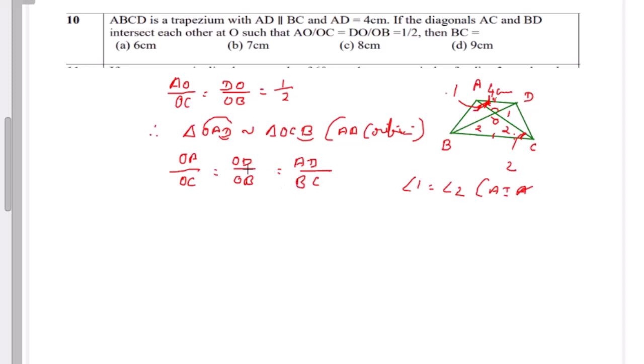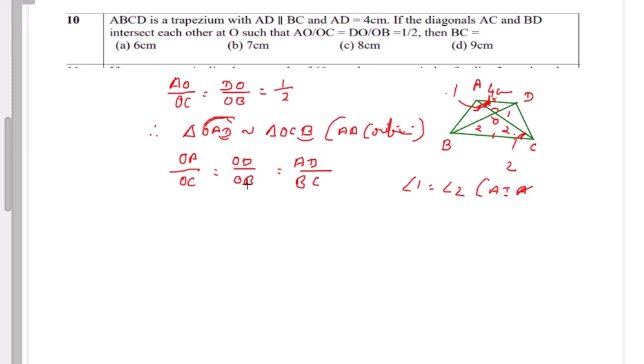All the corresponding sides are in the same ratio. What are the corresponding sides here? The corresponding side to OA is OC, so OA by OC is equal to OD by OB, since the corresponding side of OD is OB. And the corresponding side of AD is BC.